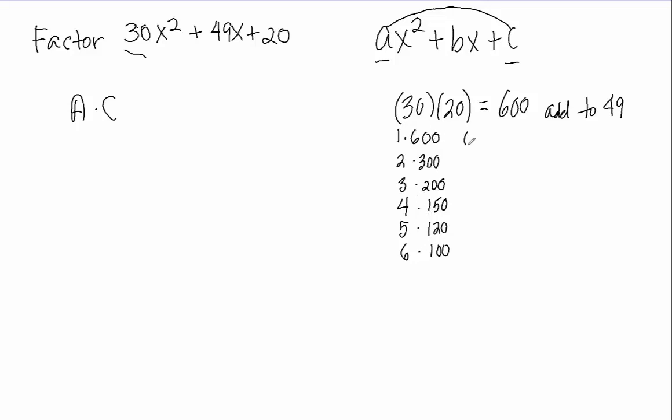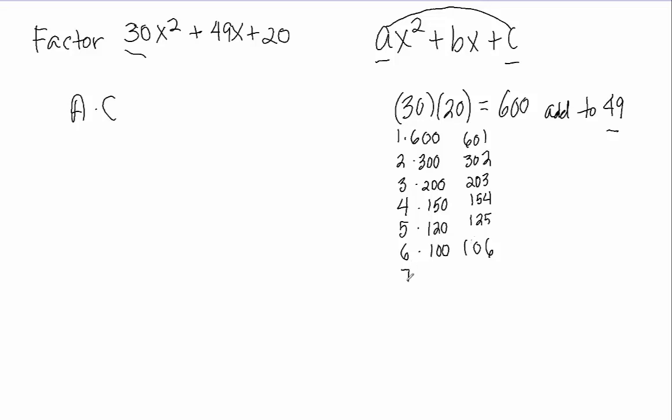So this one is 601, 302, 203, 154, 125, 106. Sorry about that, that's 106. And all of these numbers are much larger than 49. So I need to keep going.